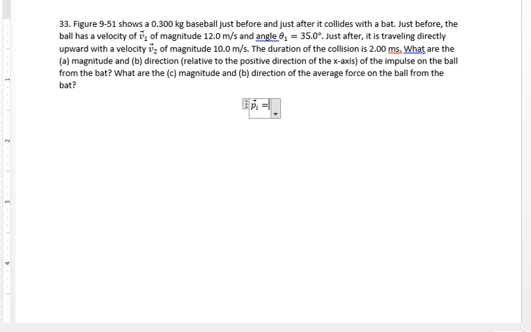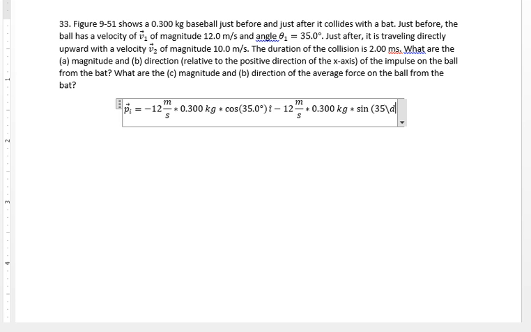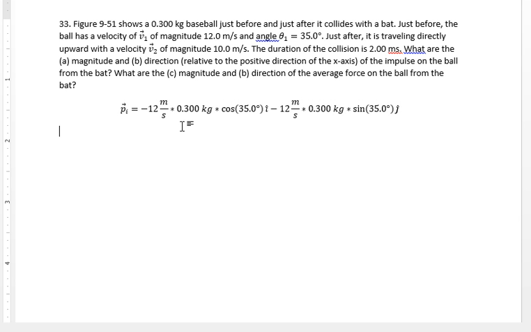P vec i. Okay, in the x direction, minus 12 meters per second times 0.300 kilograms times the cosine of 35 degrees, i hat, minus 12 times 0.300 kilograms times the sine of 35.0 degrees, j hat. All right, so that's our initial momentum.